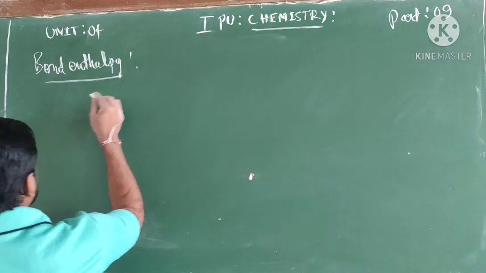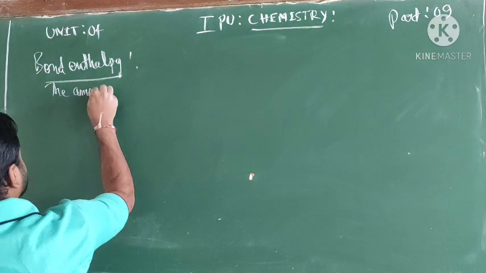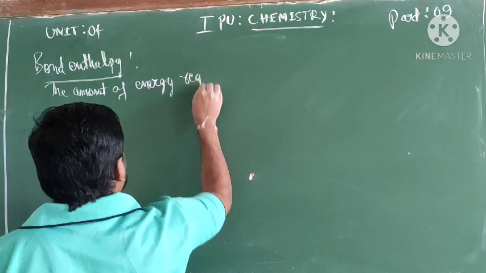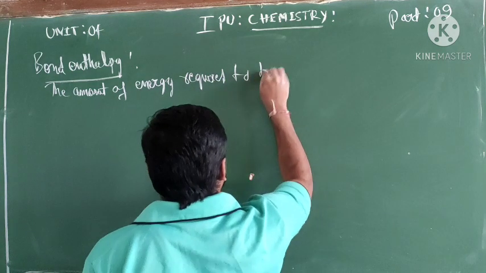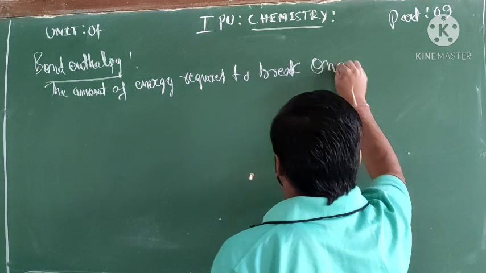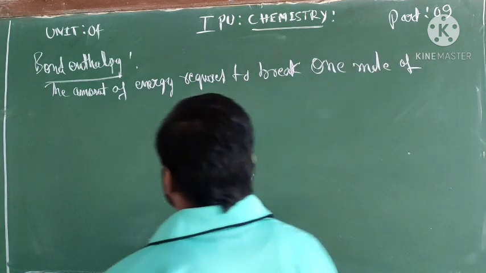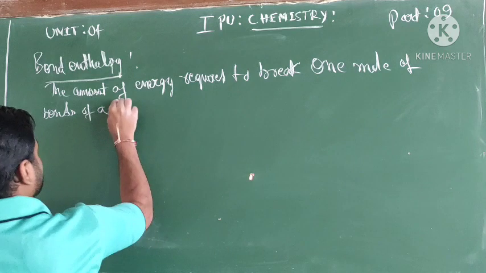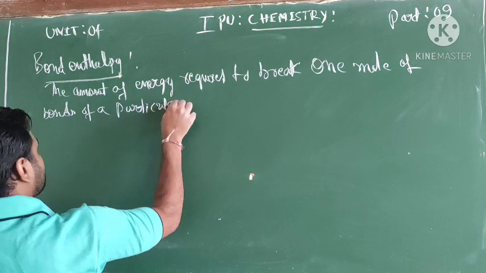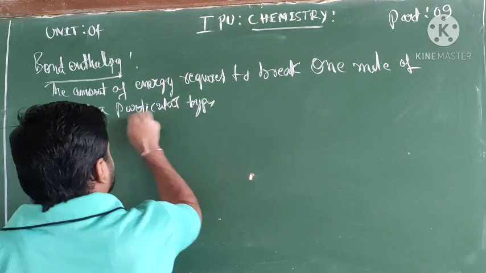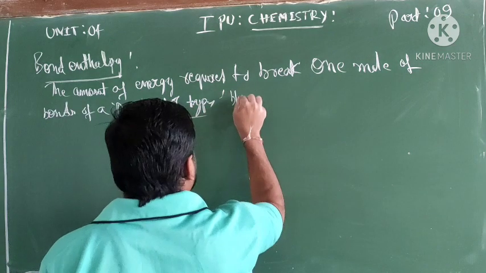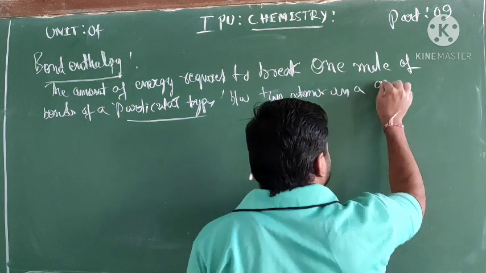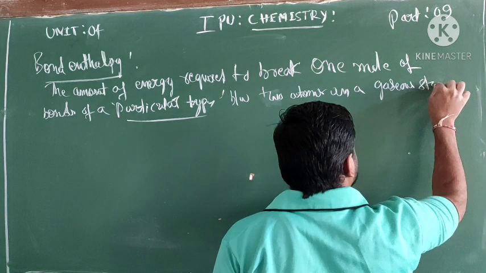The definition of bond enthalpy is the amount of energy required to break 1 mole of bonds of a particular type, and the very important thing is particular type, between two atoms in a gaseous state.